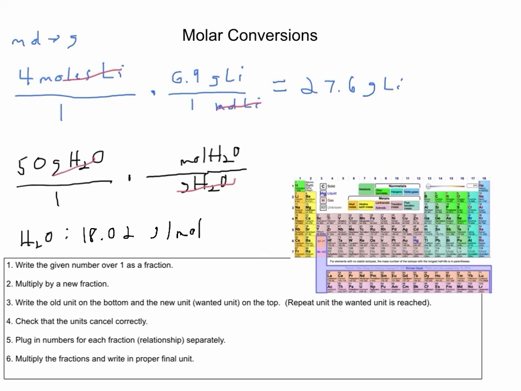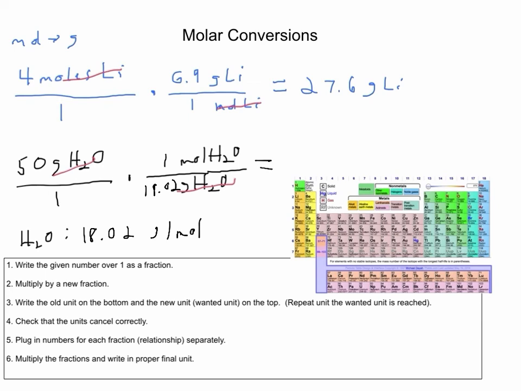Remember, that's hydrogen plus oxygen. And the number always goes with the first unit you say, 18.02 grams per mole. So we put 18.02 with grams. And that's the mass of 1 mole of water.